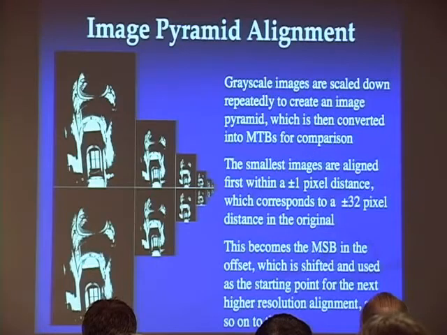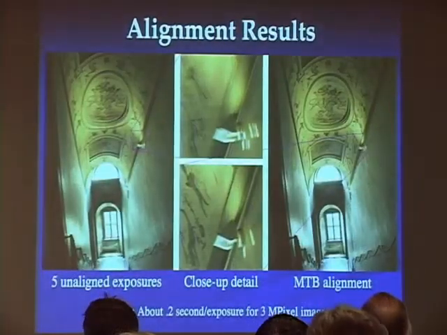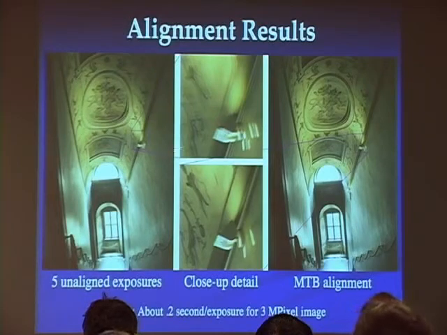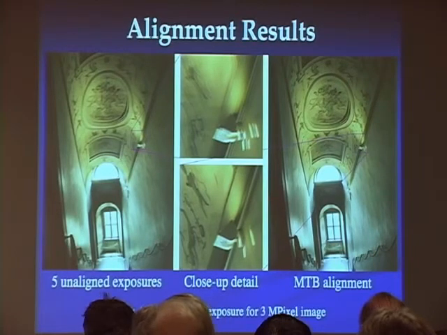So you start with a very low resolution version of this bitmap. You line those up just by going, you know, a pixel or two left, right, and rotating. And then you work your way on up the pyramid. And this is quite fast. So alignment results, here we have the original unaligned exposures, which are shown in this blow-up detail. You can see they're off by a few pixels anyway. And then here's the aligned version.